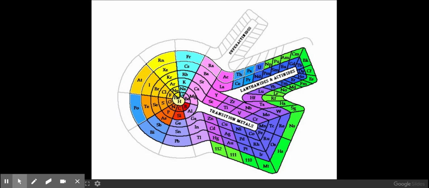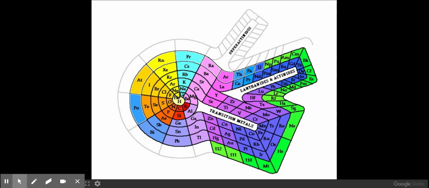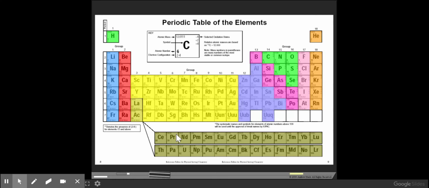Since the periodic table has been constructed to look like this, there have been newer renditions of it. So here's one example of how they're trying to make it so that the lanthanides and actinides aren't awkwardly placed at the bottom here.